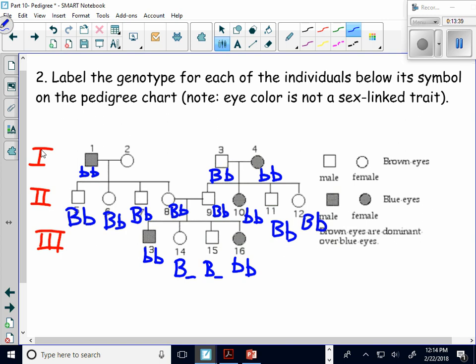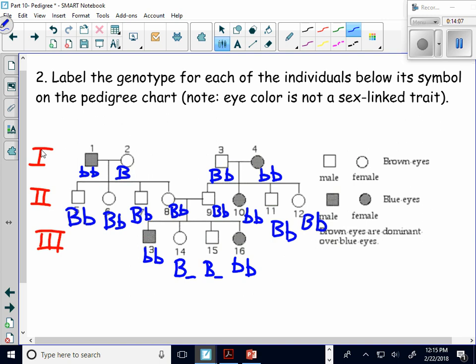Dad can only give a little b, right? Now, we've got everything figured out here except for number 2, which is the mom of 5 through 8. Okay? Do we know anything about her? Kayla, what do you know about number 2 for sure? Has a big B. What goes with that big B?